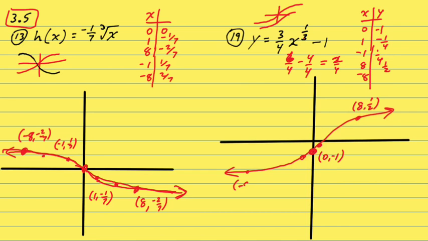It would go through negative 8, negative. No, it wouldn't, because that's shifted down. Those are not going to be symmetric. Let's put in a negative 8 and see what we get. What is the third root of negative 8? Negative 2. So if you took negative 3/4 times negative 2, the negative times a negative is a positive.